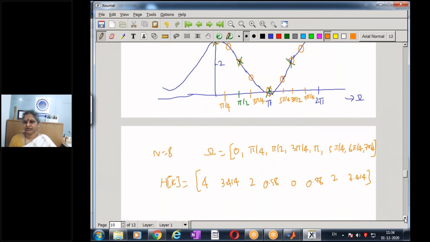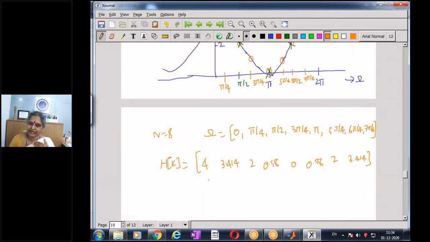So these are my eight samples from my periodic H of omega taken in one period in the interval 0 to 2 pi.